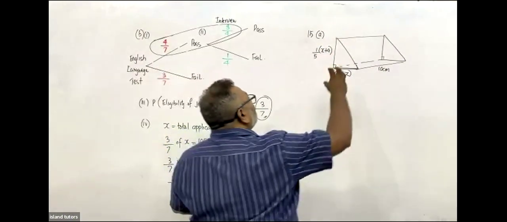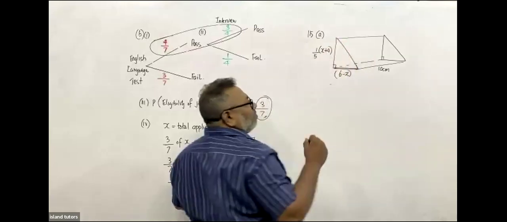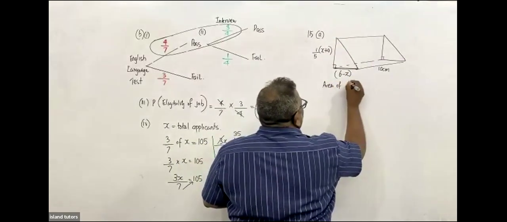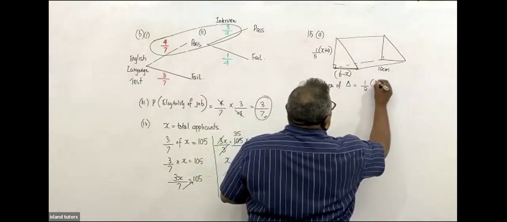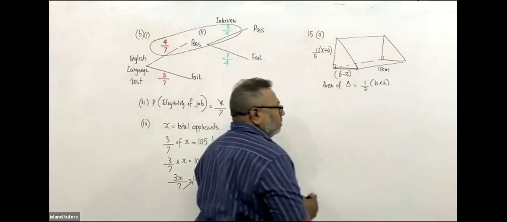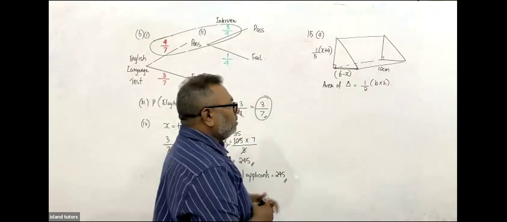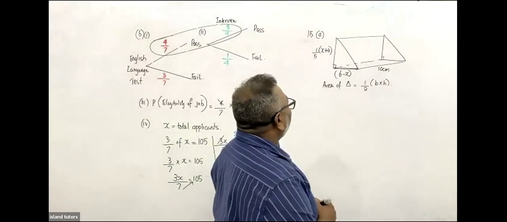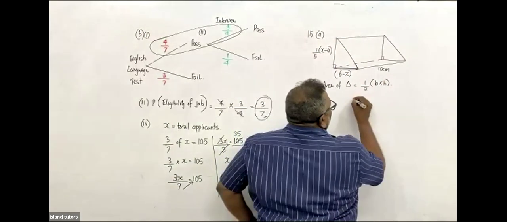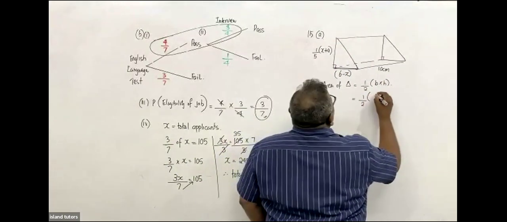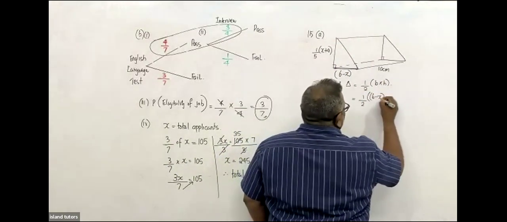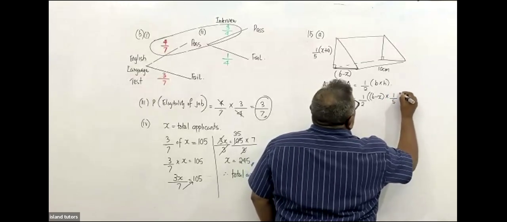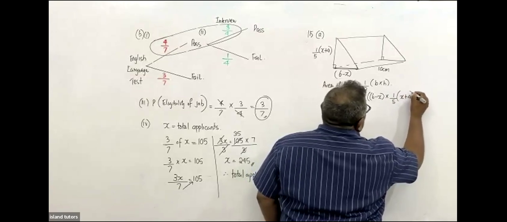So area of cross section means area of your triangle. So area of triangle, we know that. Area of triangle is half into base into height. Now, how do you find the area? Base is 6 minus x. Height is 1/5 into x plus 4. So 1 over 2 into base 6 minus x into 1/5 of x plus 4.